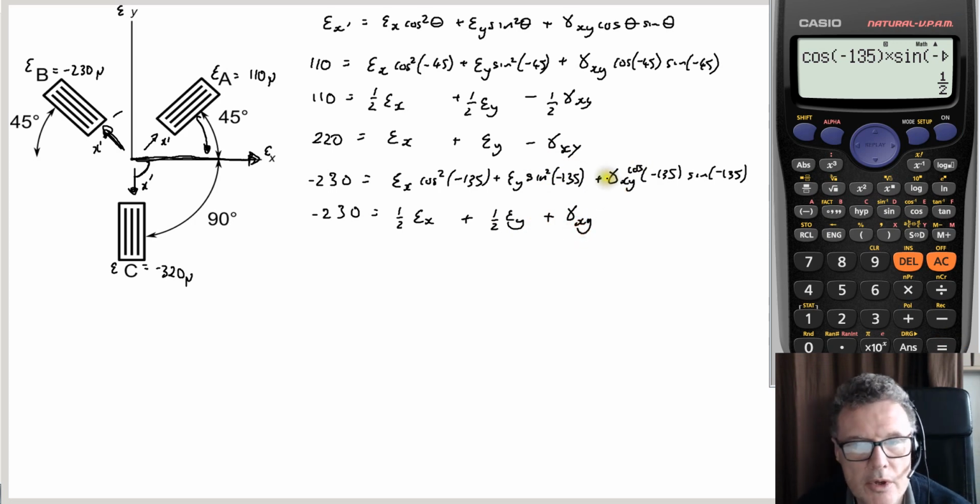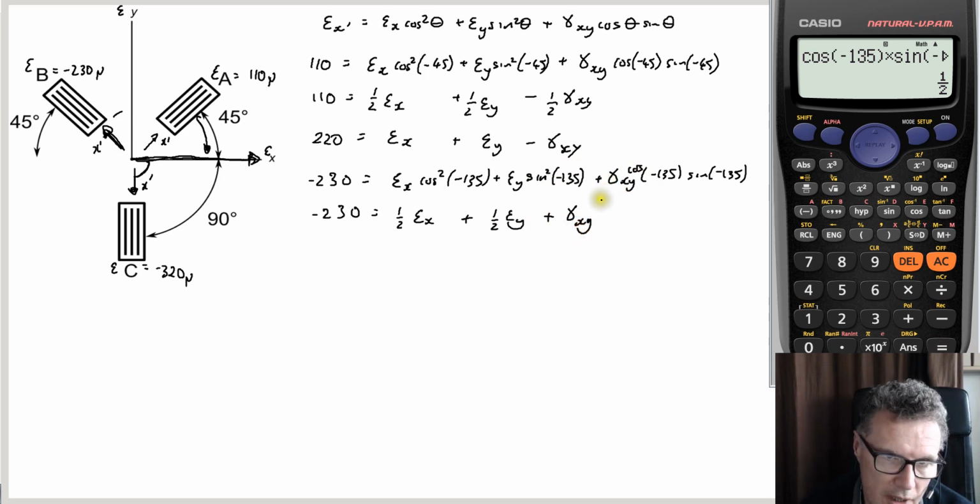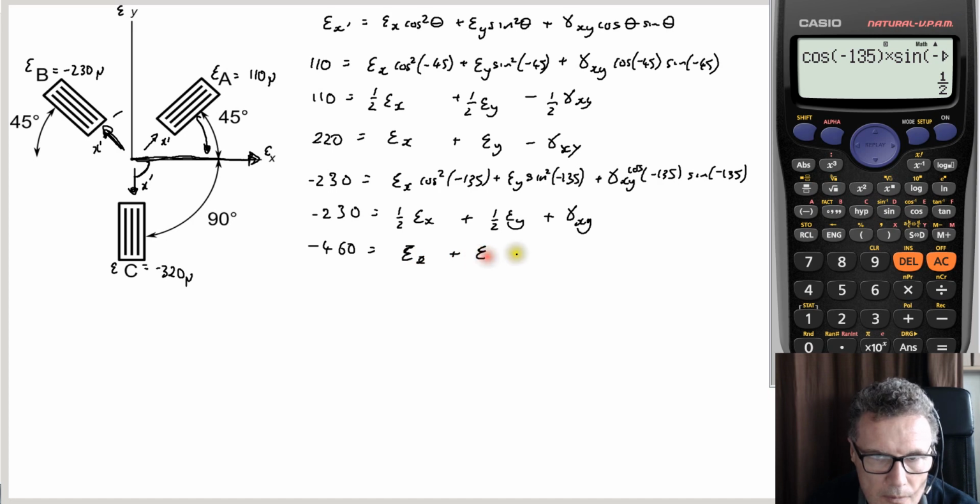That's the great thing when you use these nice angles like that. You can see that we're going to end up with some nice easy algebra. And I should put a half there.